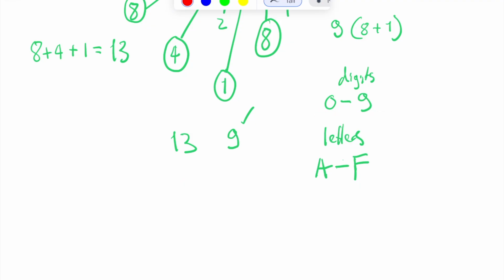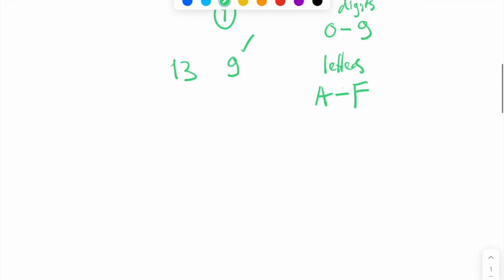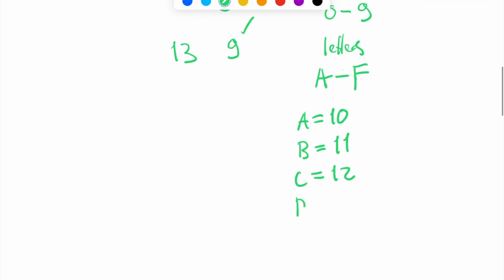So if we break down the letters, here's what they mean. A is equal to 10, B is equal to 11, C is equal to 12, D is equal to 13.